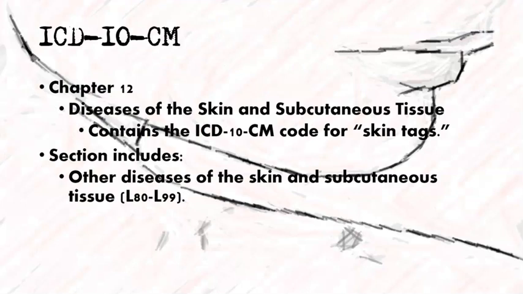Chapter 12, Diseases of the Skin and Subcutaneous Tissue, contains the ICD-10-CM code for skin tags. The section includes other diseases of the skin and subcutaneous tissue with a code range of L80 to L99.